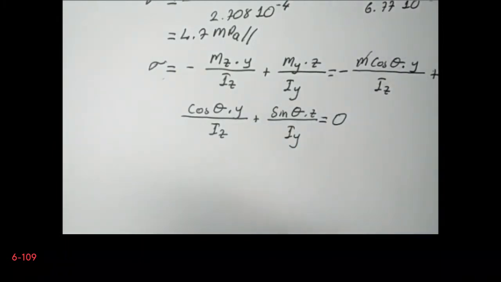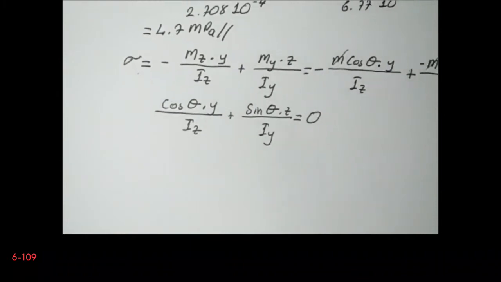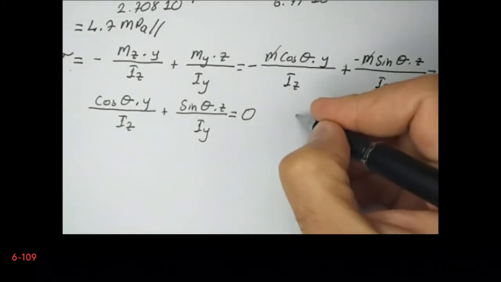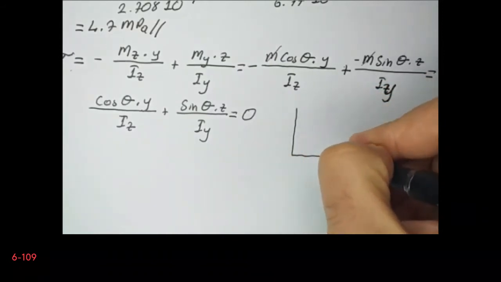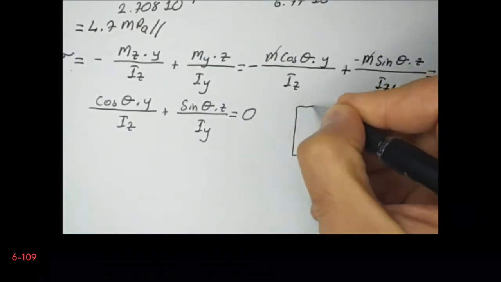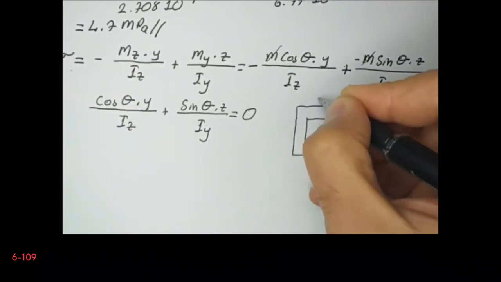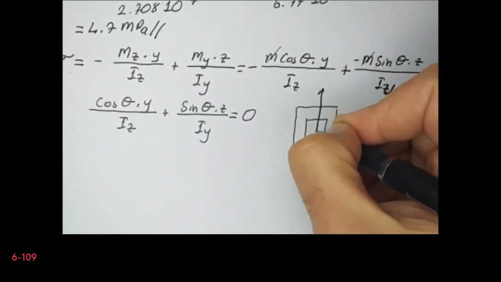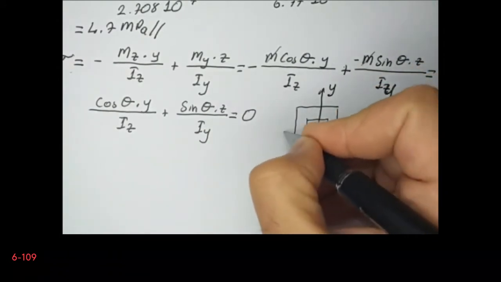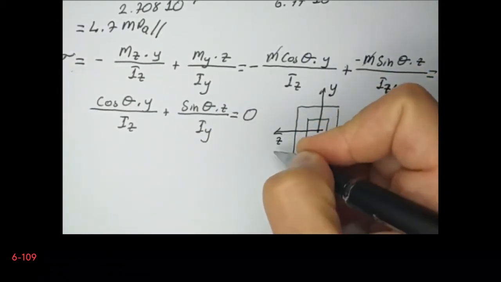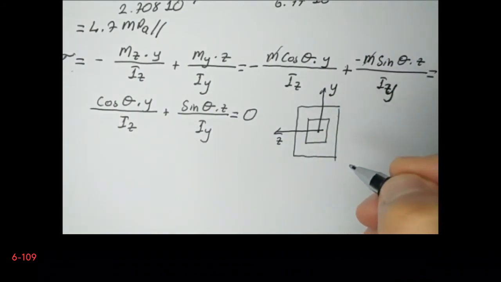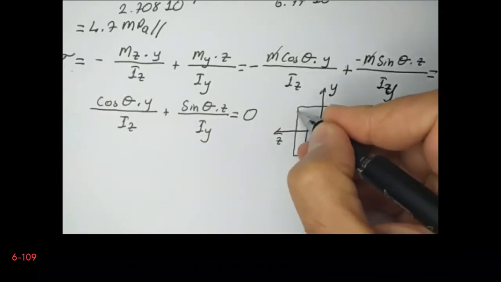Now let's draw our axis again. So this is our cross section, and we are given the y in the vertical direction and z is towards the left hand side in the horizontal direction. Now we need to define an angle. So let's take an arbitrary point which passes through the center, and let's say that this is alpha.